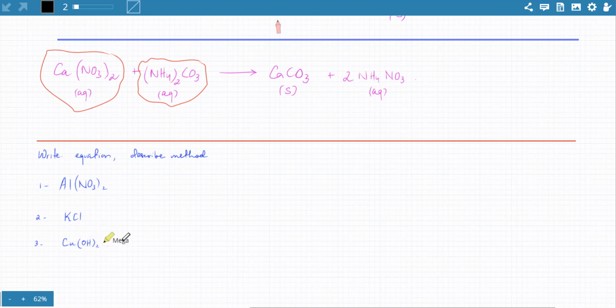And the aluminum nitrate is not two, it's actually three.